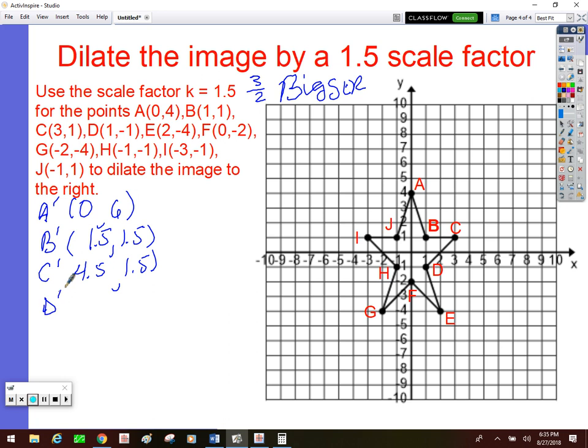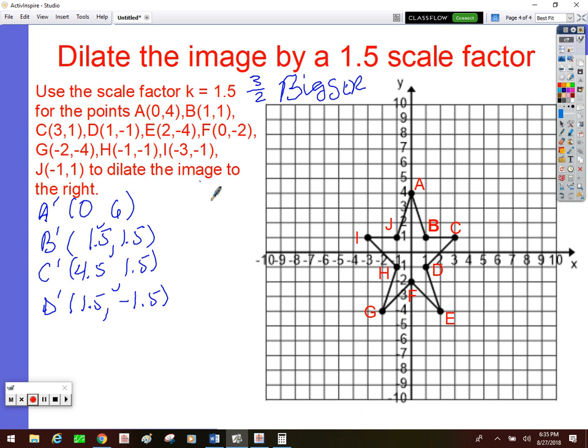What about D prime? Well, D is 1, negative 1. Well, we did it right here. All we just need to do is watch our sign. So 1 times 1.5 is 1.5. And then negative 1 times 1.5 is negative 1.5. All right, E, 2 times 1.5.